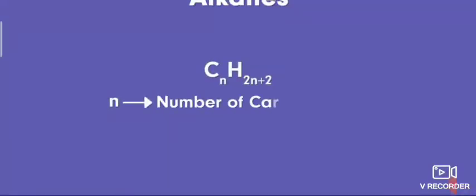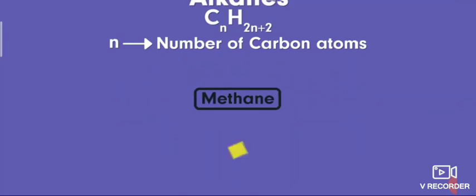The general formula of alkane is CnH2n plus 2. N is the number of carbon atoms. According to how many carbon atoms there are, it can be combined with hydrogen atoms.